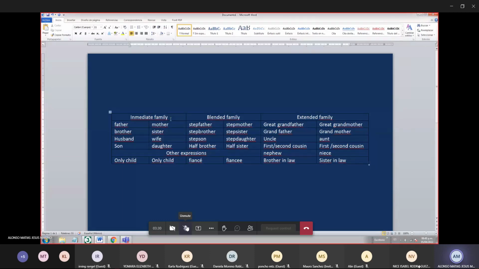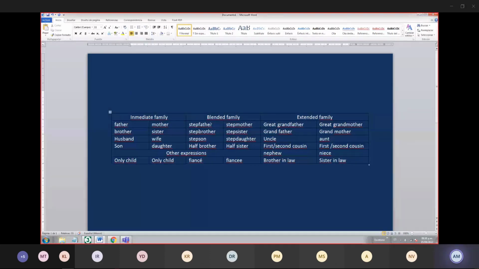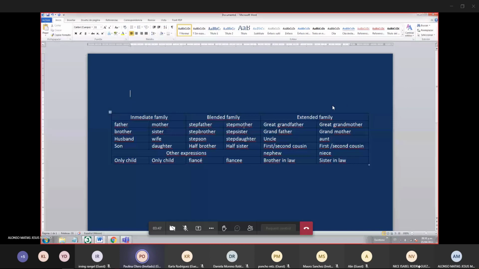Then we have the blended family. The blended family, what does that mean? Within the blended family, we have the stepfather and the stepmother. We also have the stepbrother and the stepsister. We also have the stepson and the stepdaughter.